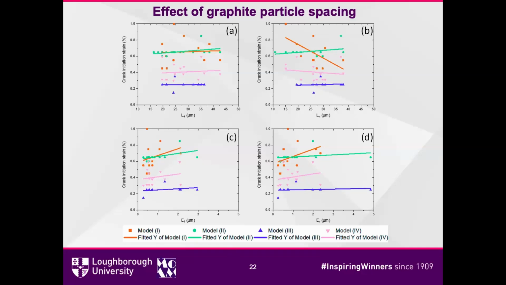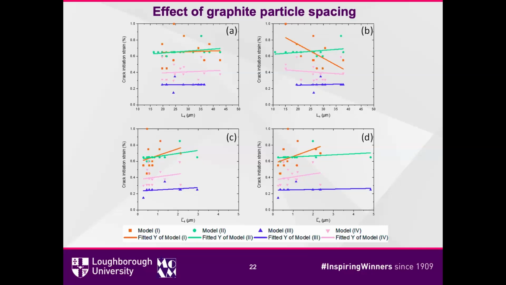So we need to consider the size effect of the graphite particle. So we normalize our result with the size effect, and then we can say this model 1 here is closer to the realistic one, because with the increase of the distance, the 2 graphites are located far away from each other, and the crack is less likely to initiate, and they are less likely to affect each other.